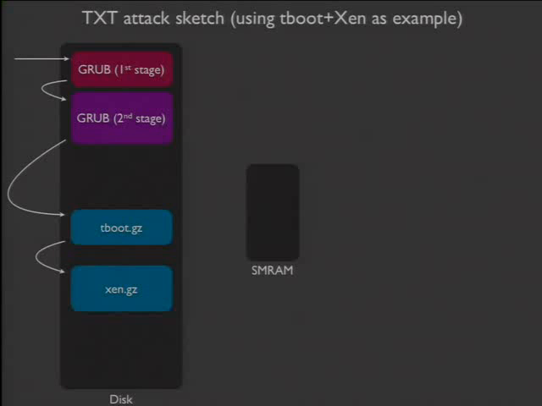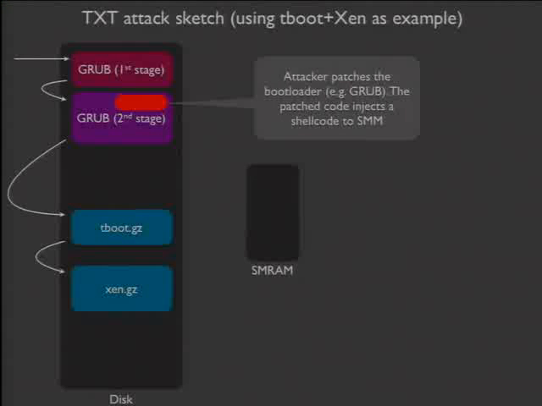We infect the OS loader. We'll show you in just a minute how to do this. So let's assume that the OS loader, let's say grub, has been infected in such a way that it will inject some piece of malicious code, some shellcode, into SMM memory.